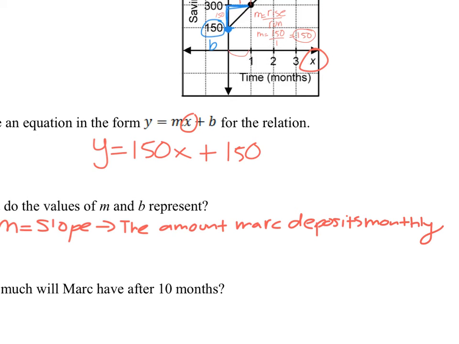The b value is my y-intercept, which represents the initial value, which is the amount of money Mark starts the account with.